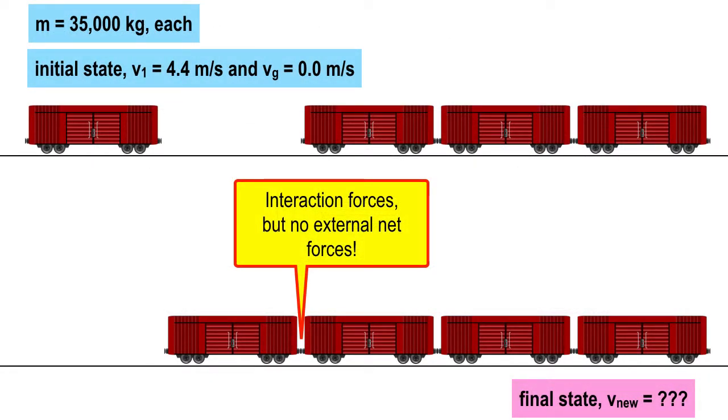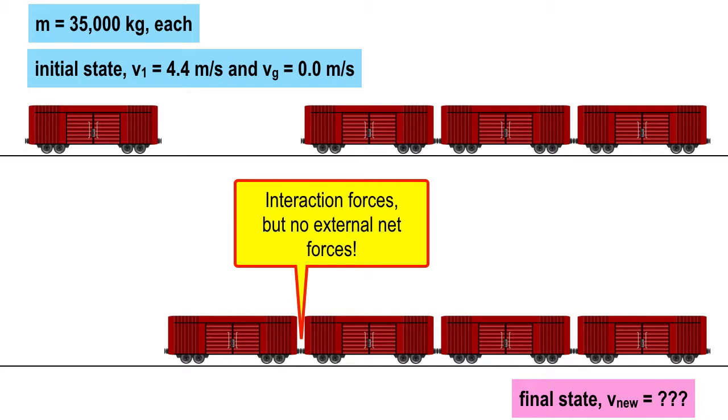So let's take a look at boxcars, and they'll be our good example for collisions. In this particular problem, we're going to have four boxcars. The one on the left is going to be moving at 4.4 meters per second. The group of three to the right are going to be stationary to start. After they interact, they're all going to move off at a new speed, v subscript new.